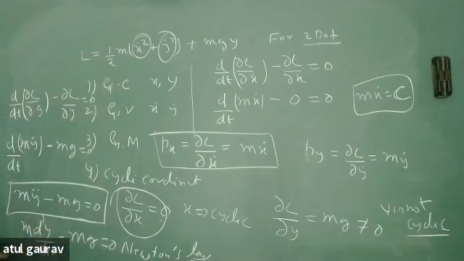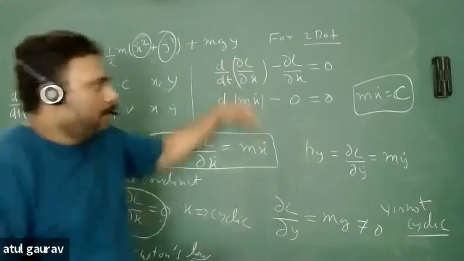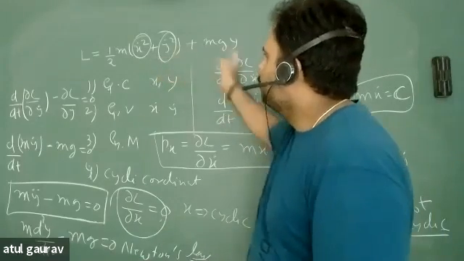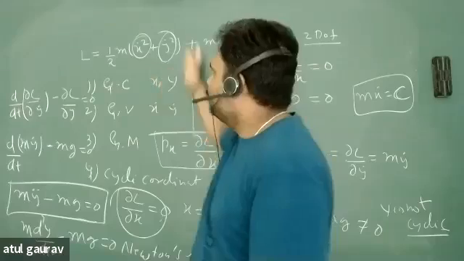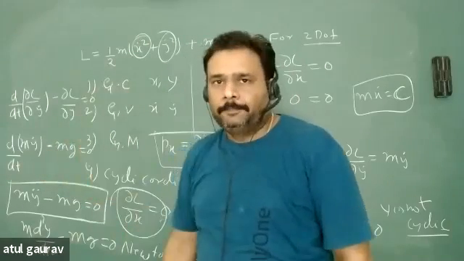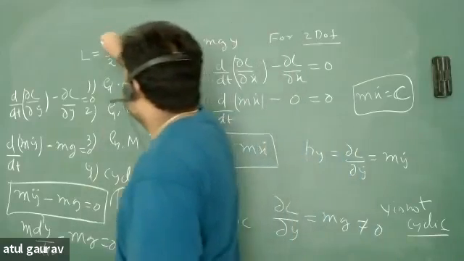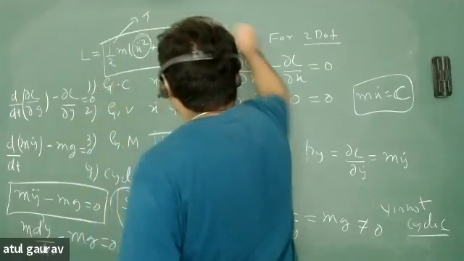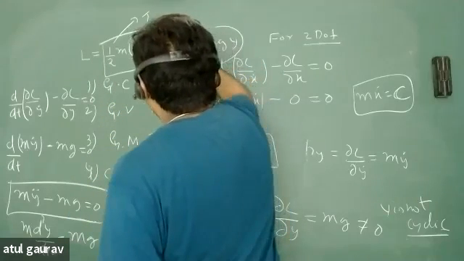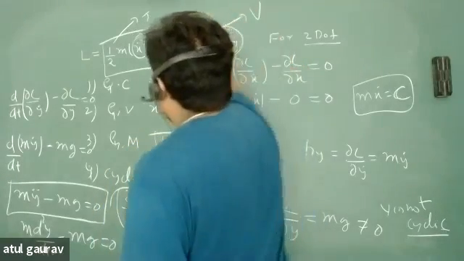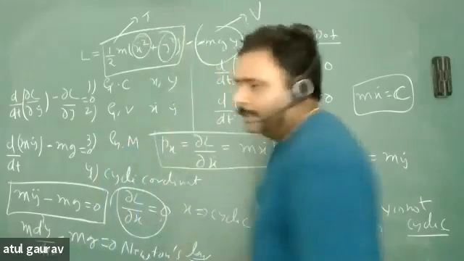Now you can see from Lagrange's equation we get Newton's law. Why is it Newton's law? Because in this Lagrangian there is no x dependent potential. This is the kinetic energy part, and this is with the minus sign, so you can write T minus V. The part with the minus sign is the potential energy.